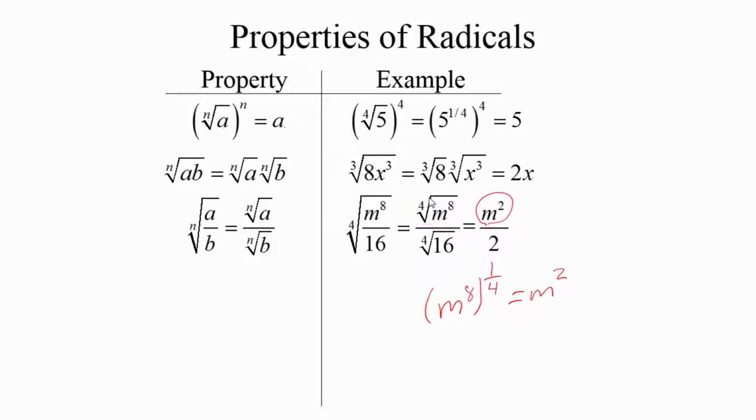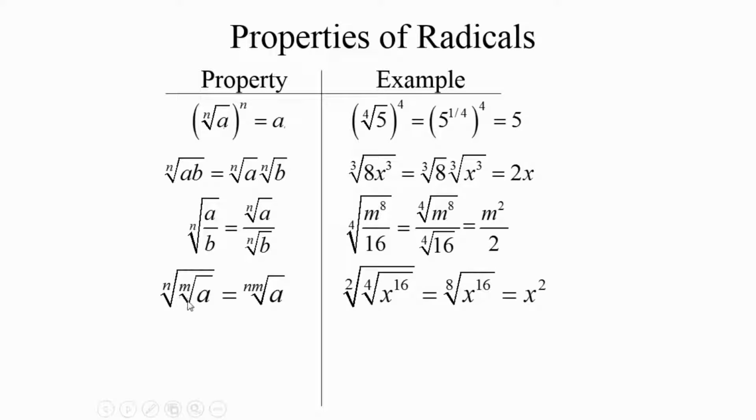So for multiplication and division, you can separate what you have under the radical since they are multiplied or divided. And finally, the nth root of the mth root of a, you can combine the roots and write it under one radical. It would be a radical with the index m times n of a.